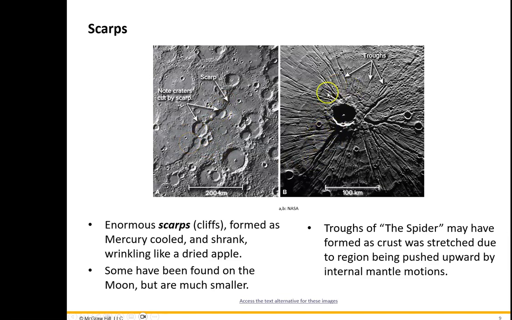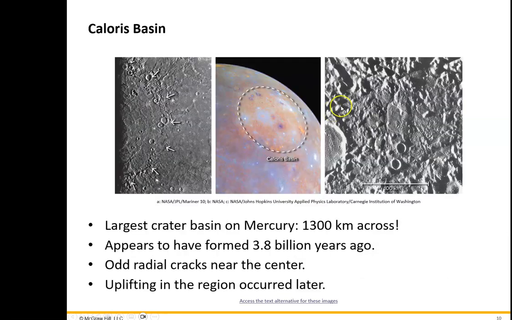There are multiple features on Mercury that show that there were impacts. This one is a little bit more famous. It gets the name the spider because of the way the features look. There's Caloris Basin. Okay, so this is huge, right? 1,300 kilometers across.